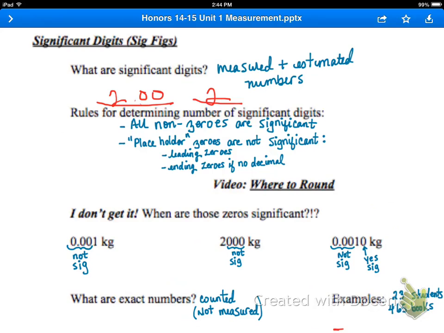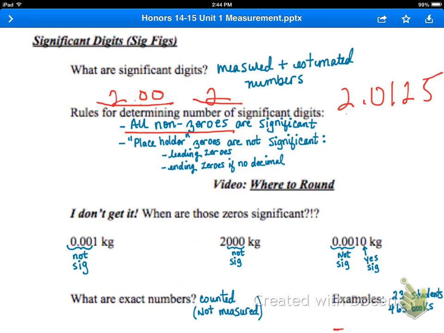So let's talk about the rules for what's significant. If I have a value, let's say 2.0125, all non-zeros are always significant. So the 2, the 1, the 2, the 5, always significant. The issue with significant figures is always whether or not the zeros are significant.